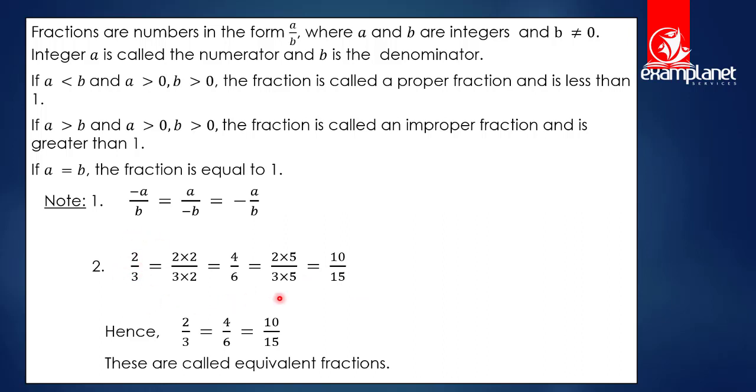And in the same way, if you divide the numerator and denominator by the same number, you produce a fraction like 2 over 3 that will be the same as that old fraction. So multiplying or dividing the numerator and denominator by the same number still keeps that fraction the same.